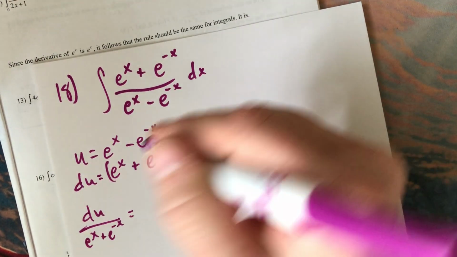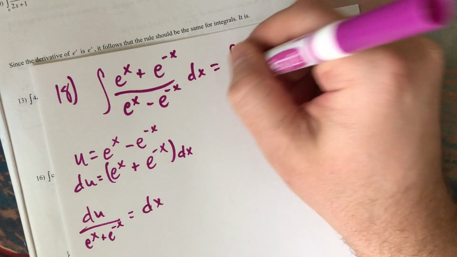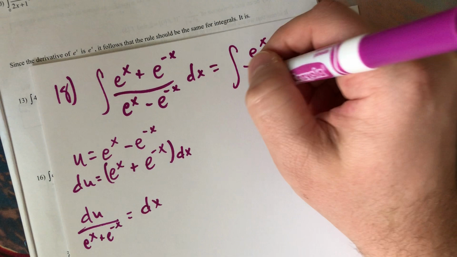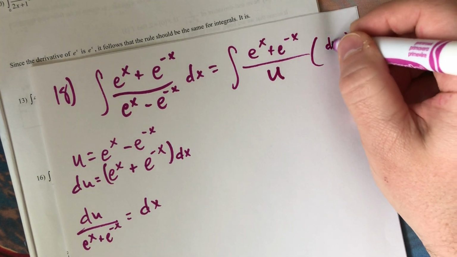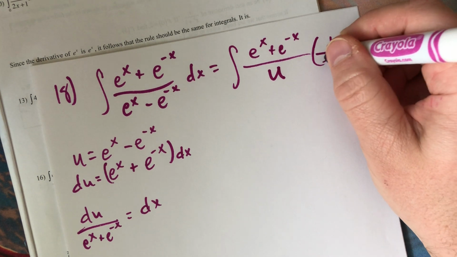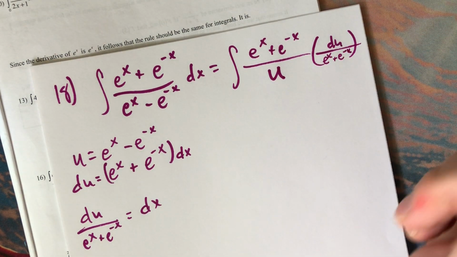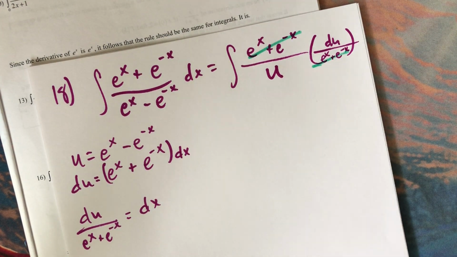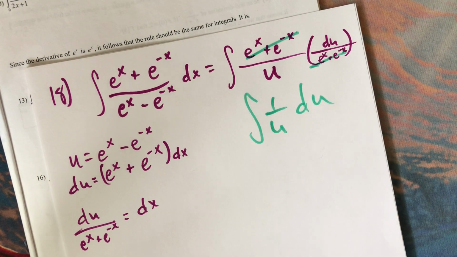So we divide it over. We drop everything back in. This is 1 over u now. Yay!